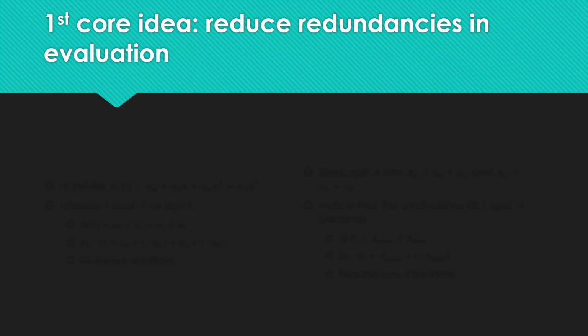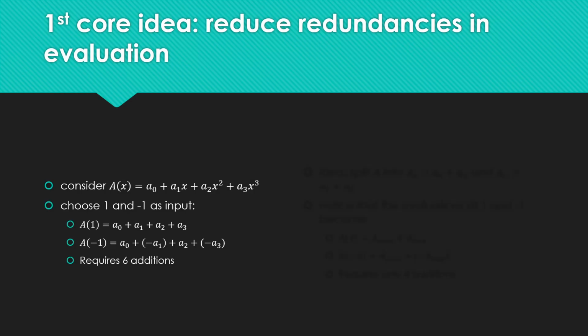So the first core idea is to reduce redundancies in evaluation. So consider A(x) with coefficients a0 plus a1x plus a2x squared plus a3x cubed. What if we choose 1 and negative 1 as inputs? Remember, in point value representation, we can choose any point.